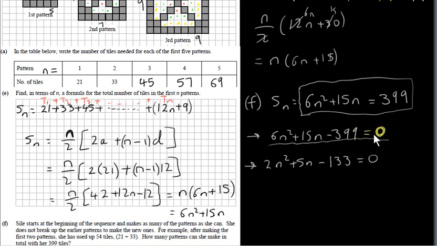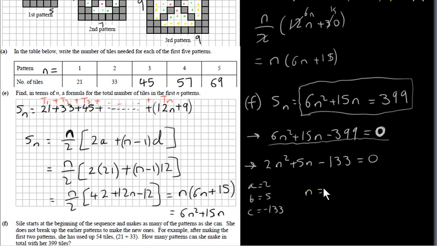If you like, you can simplify it before you apply your formula. You can actually divide all of this by 3. 6 divided by 3 is 2, 15 divided by 3 is 5, 399 divided by 3 is 133, 0 divided by 3 is 0. So we could try to solve this. So a is 2, b is 5, c is minus 133.